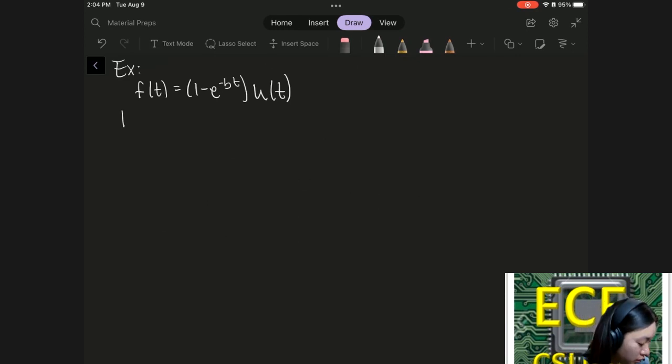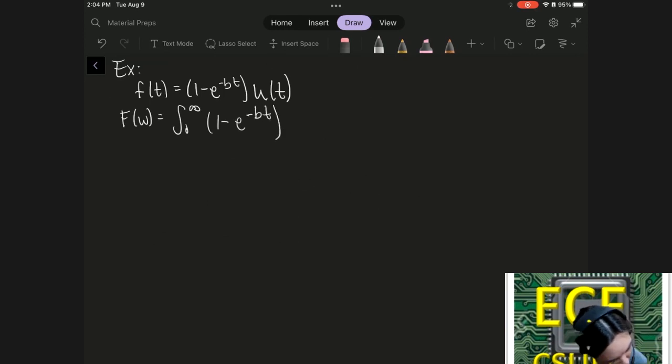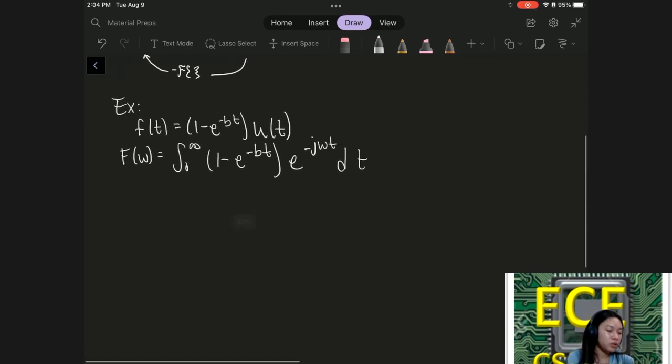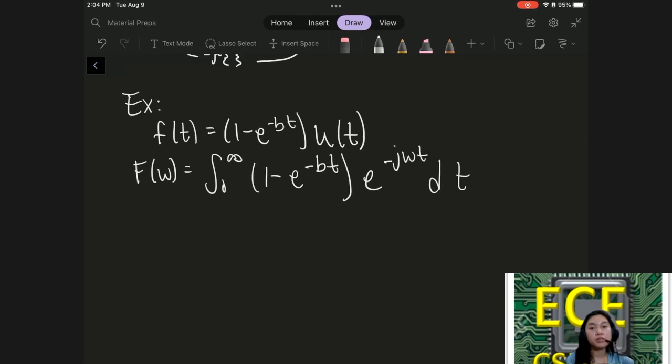So F of w would be the integral from 0 to infinity of 1 minus e to the negative bt times e to the minus jwt dt. And so when I first wrote it, the bounds of the integral were from negative infinity to infinity. But because it's being multiplied by the step function, everything before 0 is being multiplied by 0.